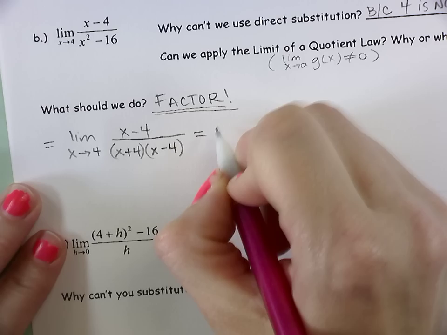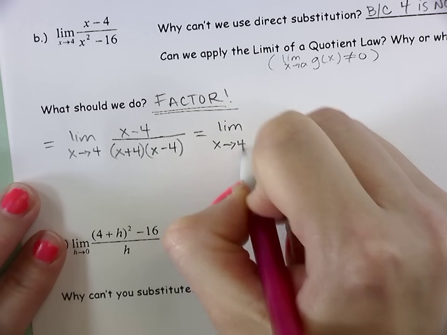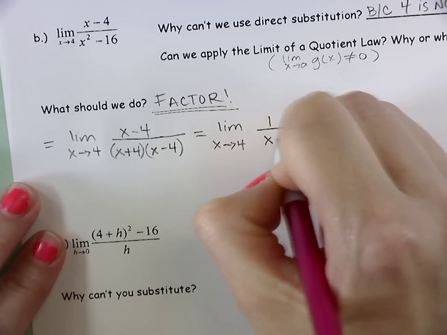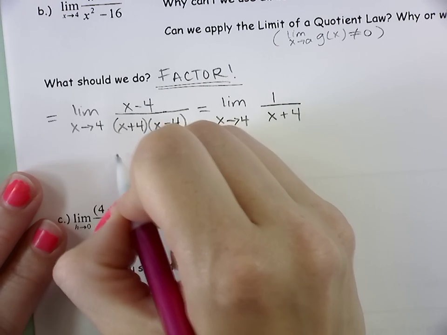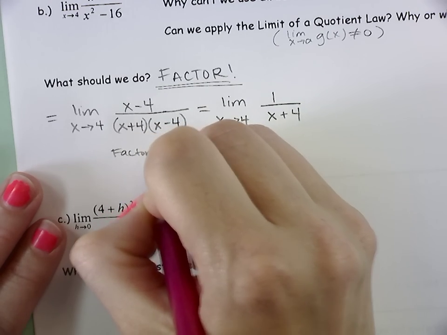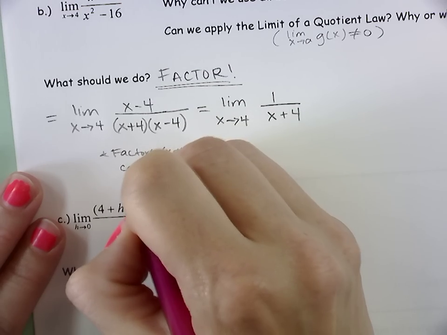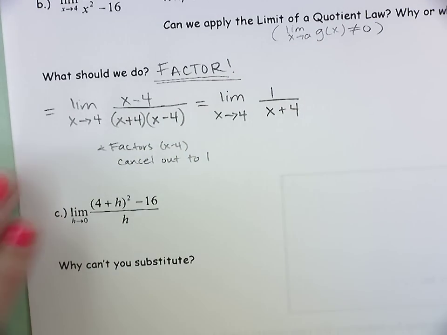And notice that I keep writing the limit because you are taking the limit. You can't stop writing that until you're able to substitute. Okay, so the factors x minus 4 cancel out to 1. Because really when you're canceling out, we have to understand that you're dividing.